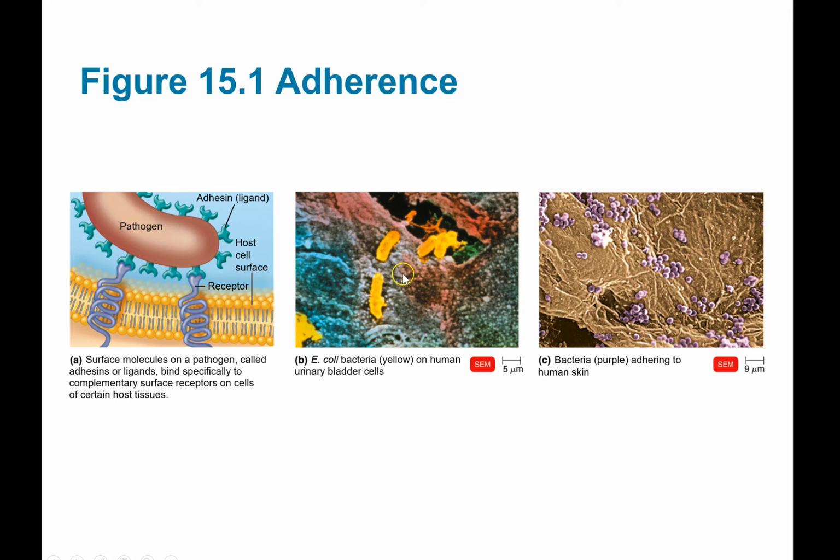So this is showing E. coli. It uses fimbriae to attach to our intestinal cells, but like we were talking about today in our chapter 14 lecture, if E. coli gets into our bladder, it can cause a bladder infection, and it's going to use those same fimbriae to attach to the bladder cells. Here it just says bacteria, purple, but it definitely looks like a Staphylococcus to me, which is very common on our skin.